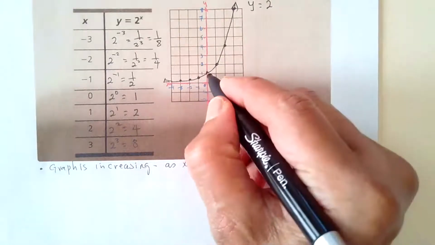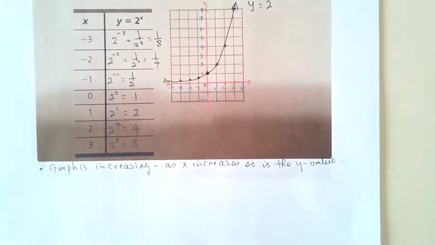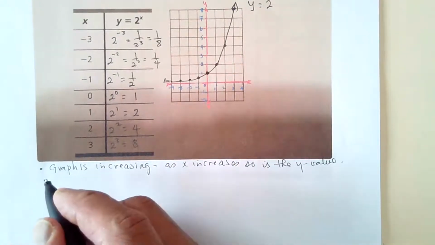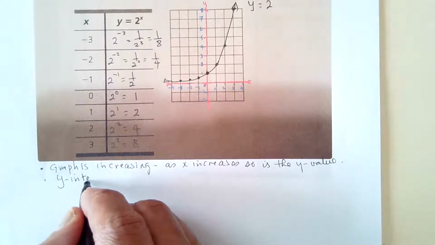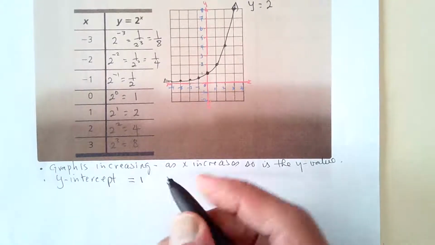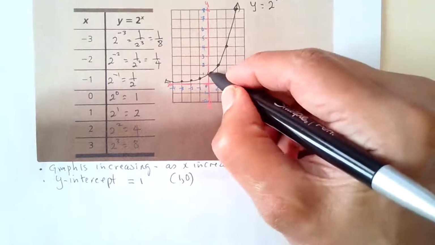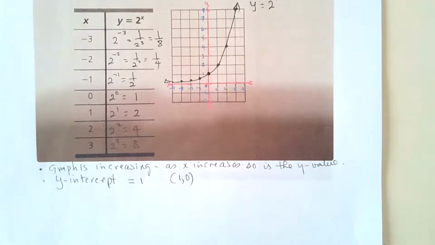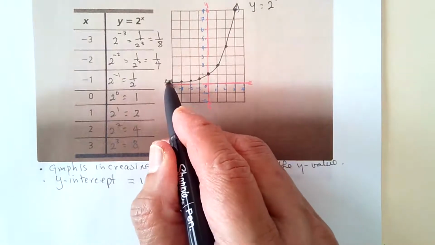Now, notice your intercept. So we asked about the characteristic of the intercept. The y-intercept is 1, or (0, 1), because that's your y-intercept. Now, this graph appears to have a horizontal asymptote.